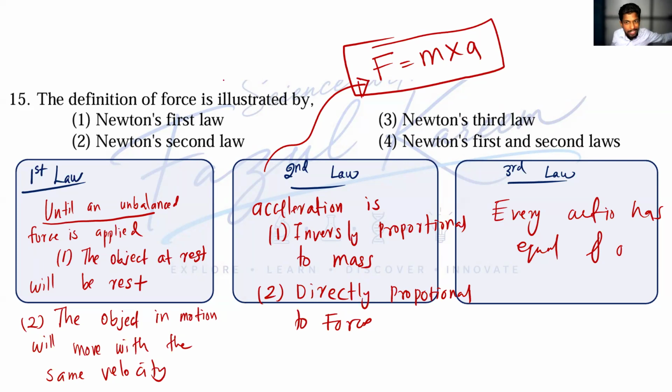So Newton's second law is the law that explains the force. The first law is not explaining the force. Newton's first law said that until an unbalanced force is applied, the motion continues. The second law explains the definition of the force.